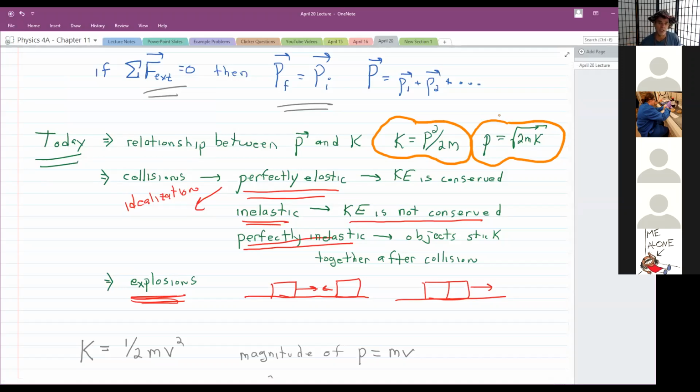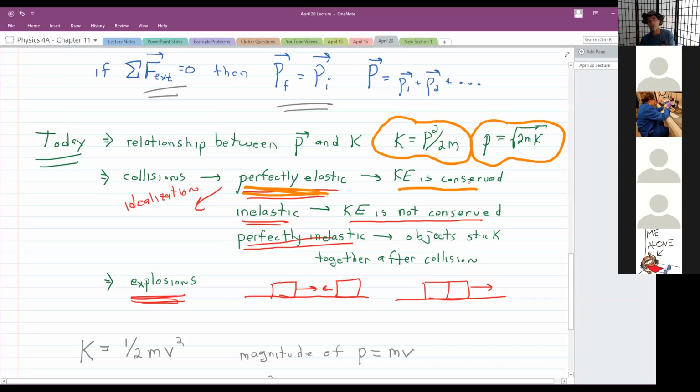We talked about collisions. In a collision, oftentimes energy is not going to be conserved. In fact, any real time two objects collide, some heat is going to be generated, some sound is going to be generated. However, there's an idealization where something is perfectly elastic. You have to be told it's perfectly elastic, and that means kinetic energy is conserved.